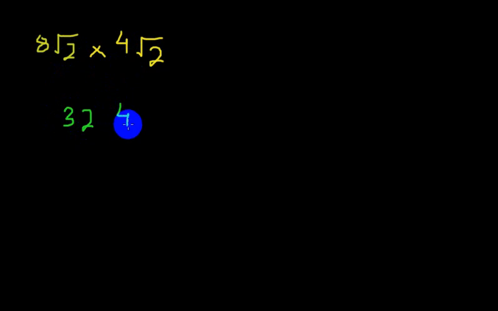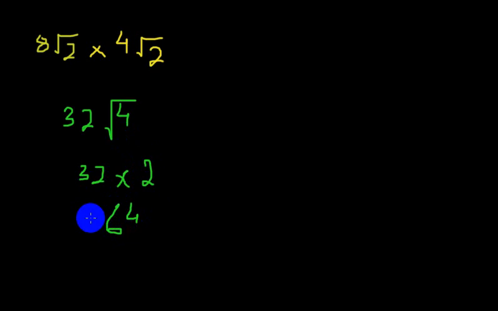So it would be 32 into square root of 4, and 32 times 2, because square root of 4 is 2. So 64 is our final answer. This is how you solve it. Okay, that's really easy and simple.